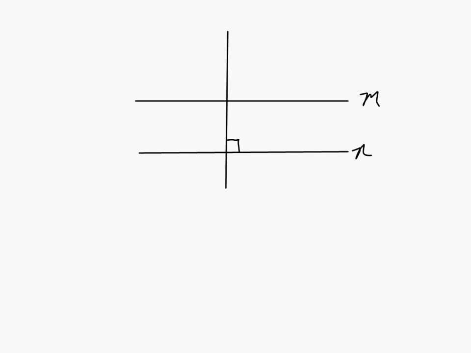Right. And this is 5x minus 20. For M to be parallel to N, what does 5x minus 20 have to equal? 90. It's got to equal this angle, doesn't it? And that angle's 90. So 5x minus 20 has to equal 90. Add 20, divide by 5. Okay?